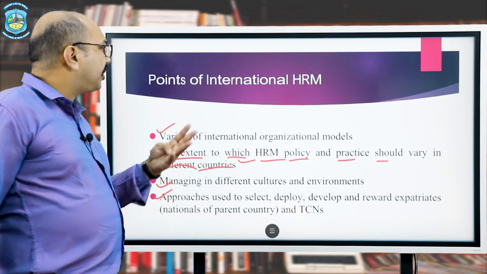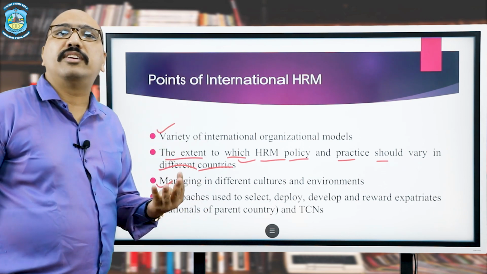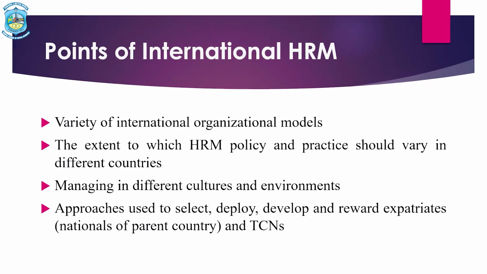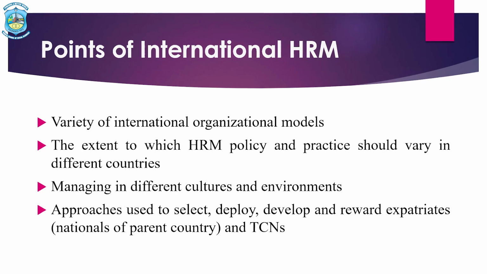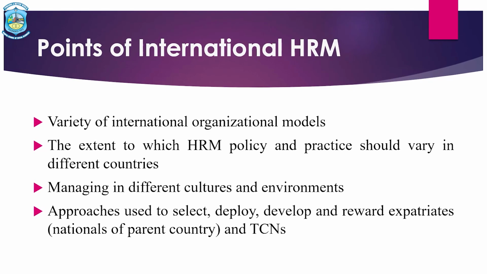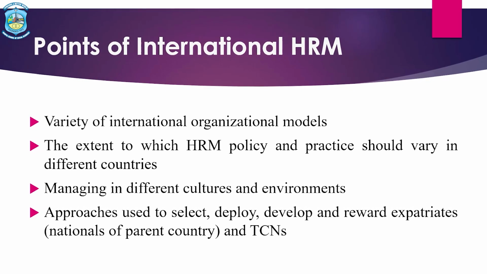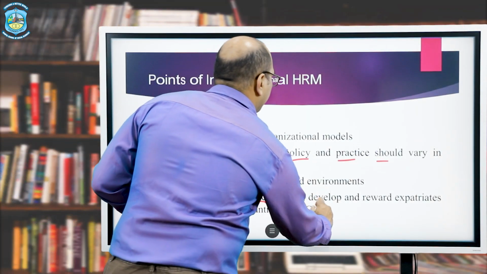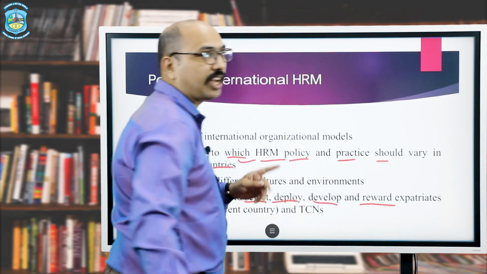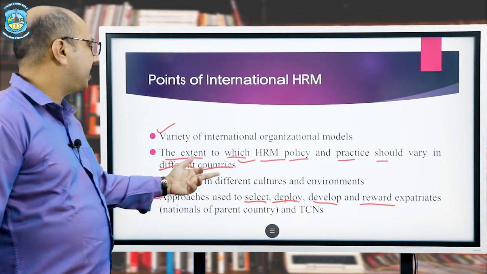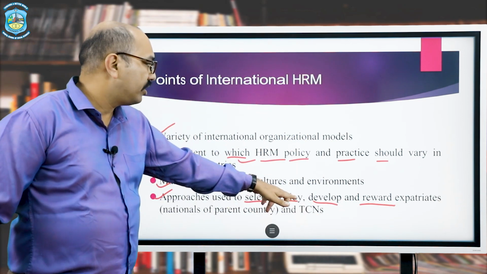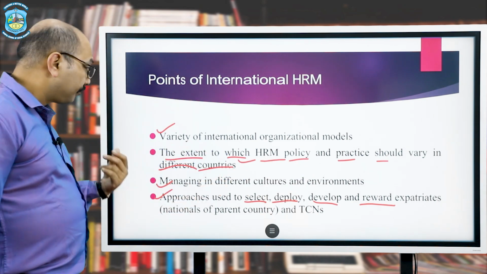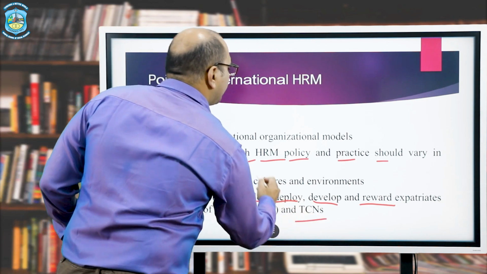And then the last key point when we talk about the domain-specific areas of international HRM is the different approaches that it adopts to select, deploy, develop, and reward. Again, the four core functions: selection, deployment, development, and rewarding expatriates, but at the same time, TCNs also.